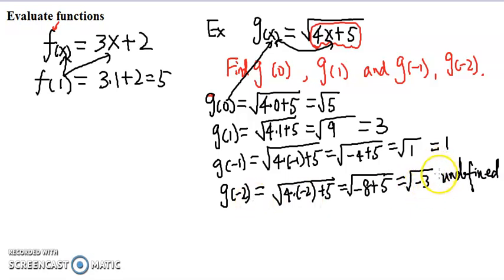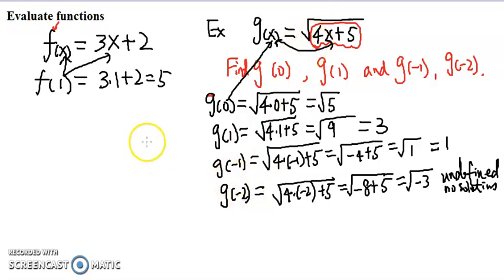So there's no answer, or you can say no solution. If you think of this function as a vending machine and you put -2 into this machine, nothing will come out. But when you put a 0 in there, square root of 5 comes out. When you put a 1 in there, 3 comes out. When you put -1 there, 1 comes out, but not for -2. And you do have to remember that.